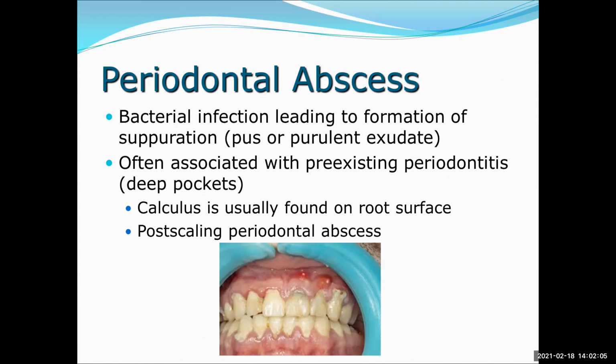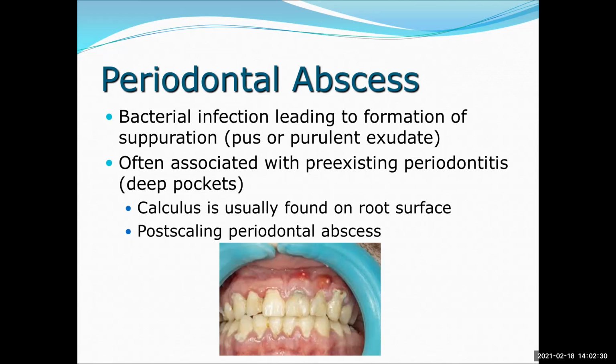If we don't debride that root surface enough, we've woken up all of that bacteria. The calculus is still there. There's bacteria on the calculus, and you're going to get an abscess. So that is why, my friends, we do not do an initial scaling or a gross scaling on anybody. We only start what we can complete.